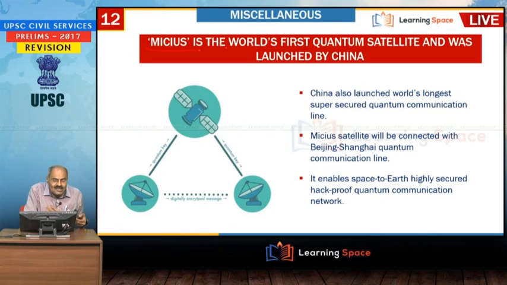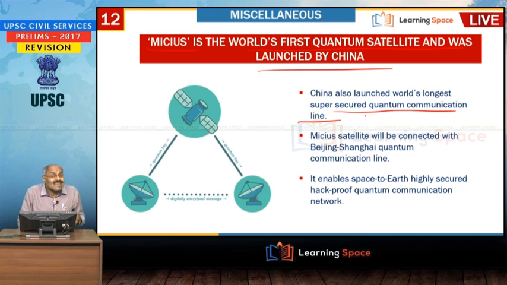Then Micius, world's first quantum satellite, was launched by China. So, China launched world's longest super secured quantum communication line also. So, when you look at China, these two things please don't forget. Micius, this is the world's first quantum satellite.